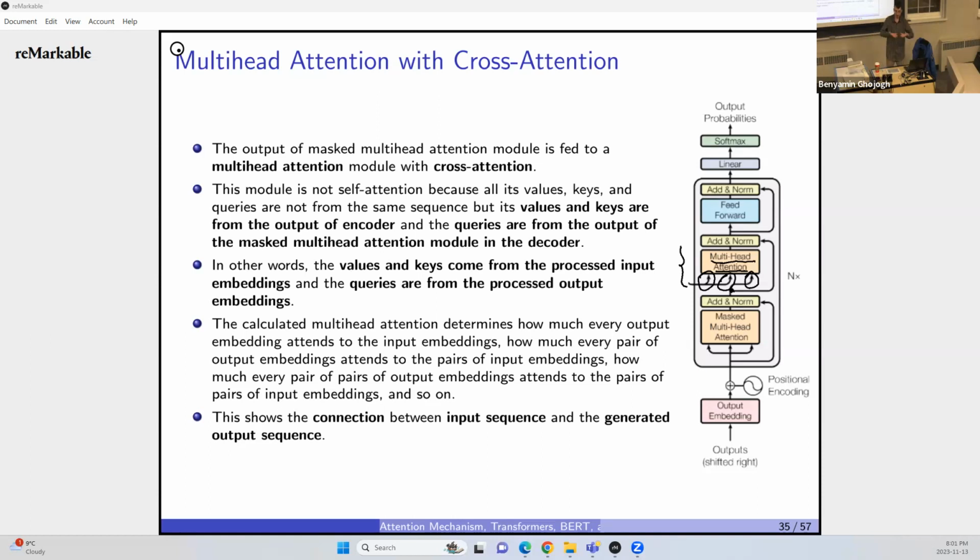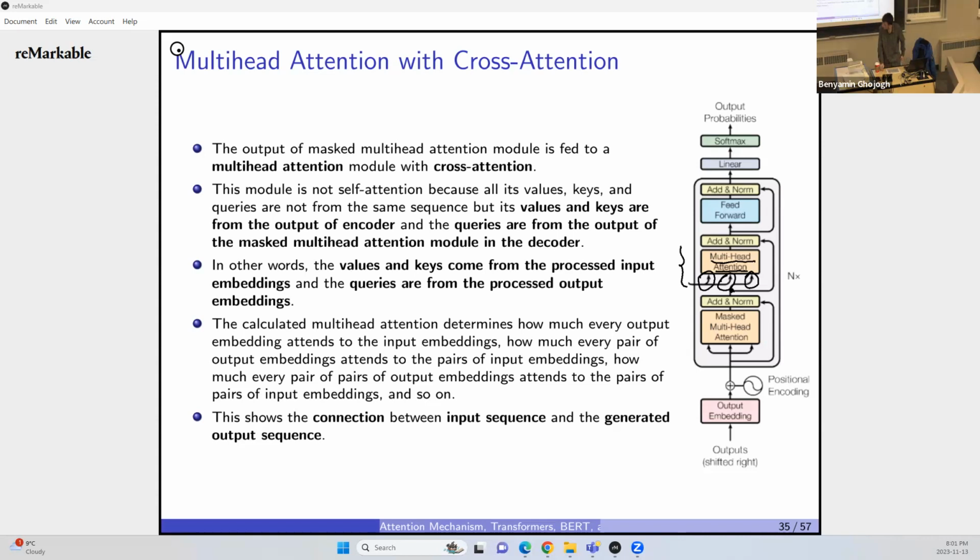Basically, what does it mean? I have two sequences, two sentences. I see how much every word of this sentence attends to every word of another sentence. An example: I am a student, and its translation in Persian, من یک دانش آموز هستم. Every word in Persian, how does it attend to every word in the input English, right? Self-attention was the attention of words within the same sequence.